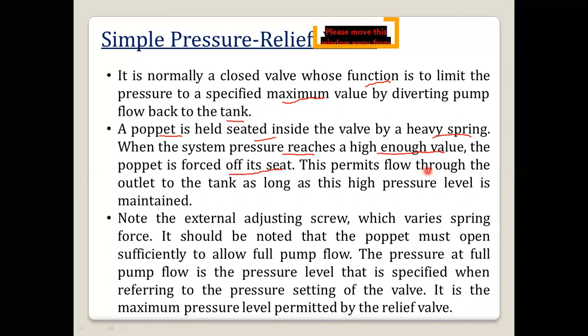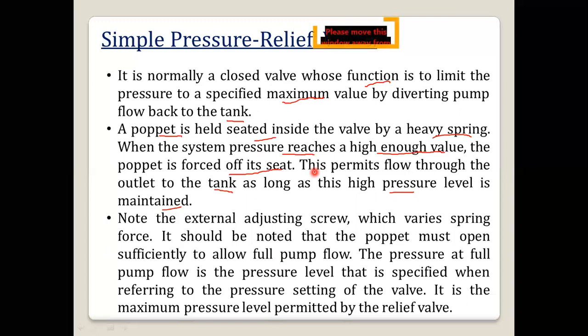This permits flow through the outlet to the tank as long as the higher pressure level is maintained. As we were discussing, the pressure relief valve will have a preset level, which means there will be a setting for the valve.